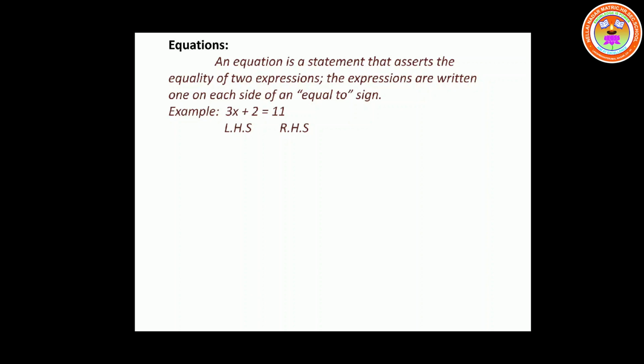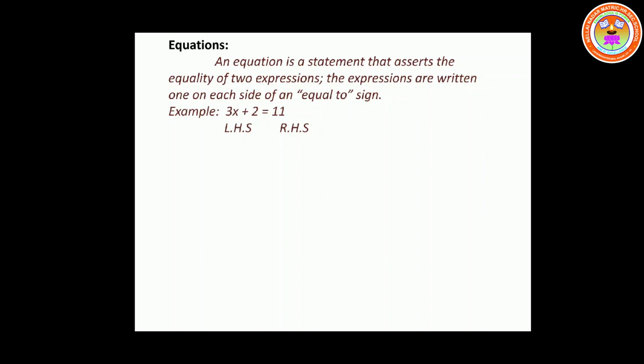Consider the example 3x plus 2 is equal to 11. So 3x plus 2 and 11 are joined together by an equal symbol. Now you have 3x plus 2 as the left hand side of the equation and 11 as the right hand side of the equation. Left hand side is written as LHS and right hand side is written as RHS.